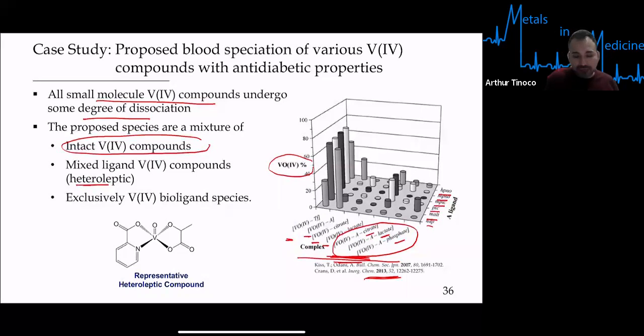And you also have exclusively vanadium bioligand species. So what do I mean by that? Basically, you don't have any of the original ligand of the compounds that you supplied in solution. That vanadium is either bound to the small molecules or protein bound, right? So this speciation became quite complex in terms of the mixture of different things that is actually formed in the solution environment.